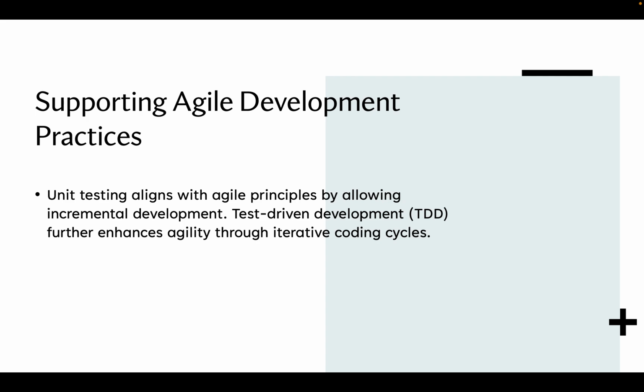So the next slide is about supporting agile. It is very similar to the one we did. It's one of the main helpful things in unit testing. Unit testing aligns with the agile principles by allowing incremental development, and test-driven development, or TDD, further enhances agility through iterative coding cycles.